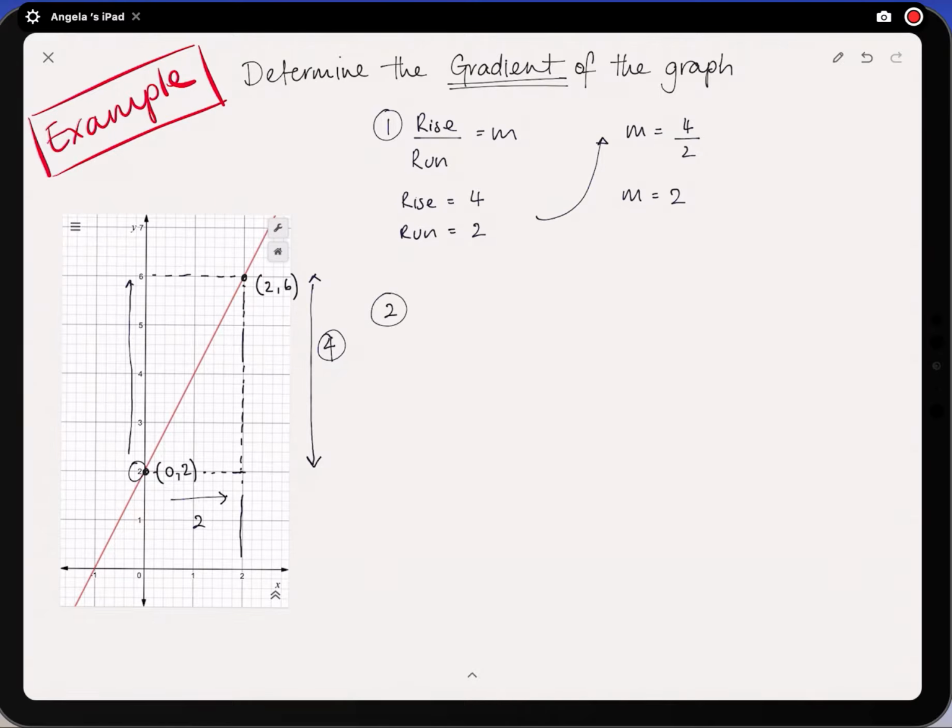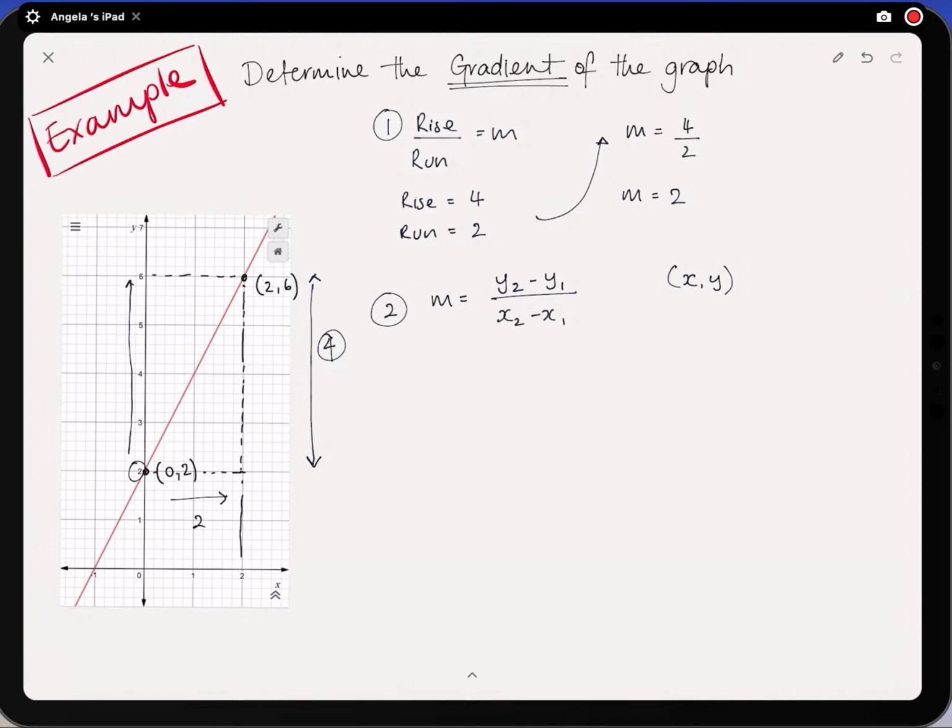Now, the other method we can use is the one that I most commonly use as well, which is y2 minus y1, all over x2 minus x1. Again, this method does require us to be able to comfortably use our coordinates and calculate the change. Keeping in mind that the order of coordinates is really important, remember that it's x and y.